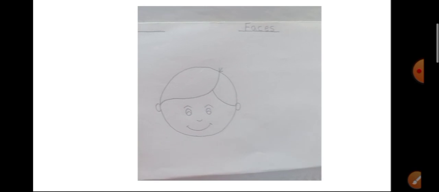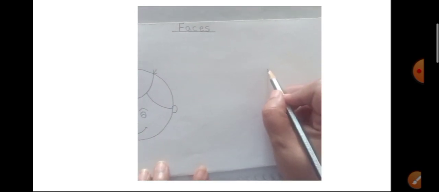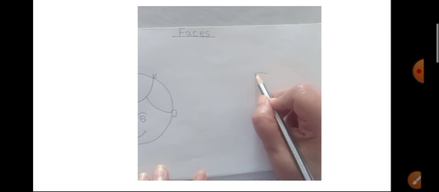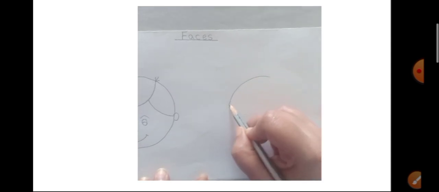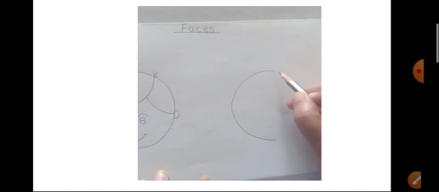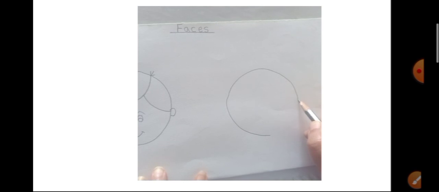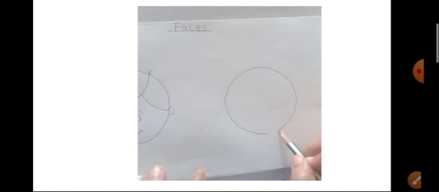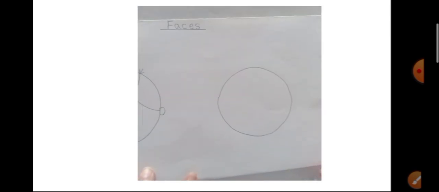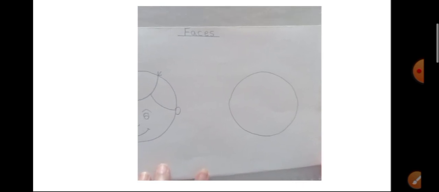Then now let's draw girl's face. So again draw one big nice circle. Slowly draw it. Yes. Now let's draw hair of a girl.